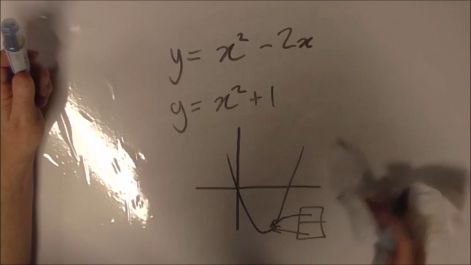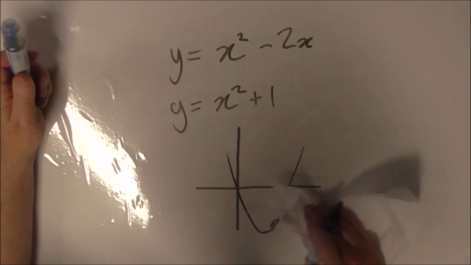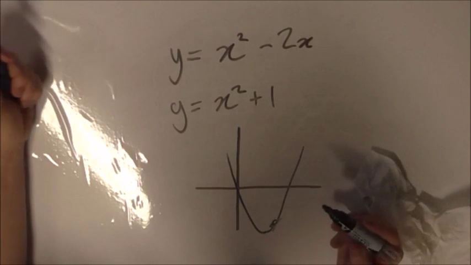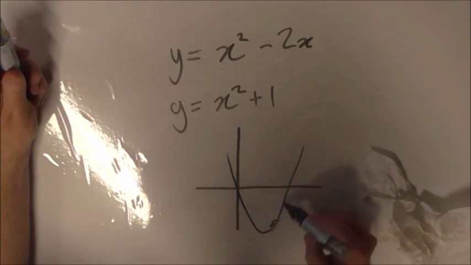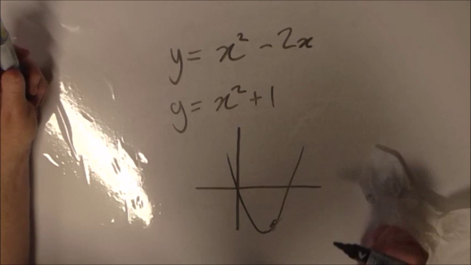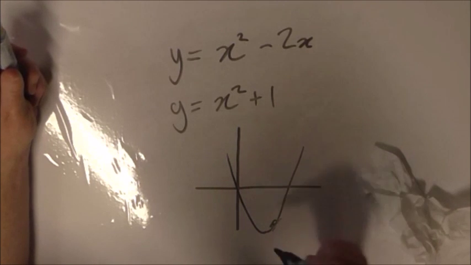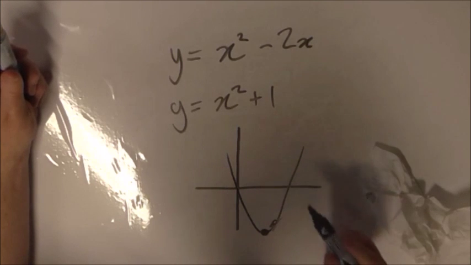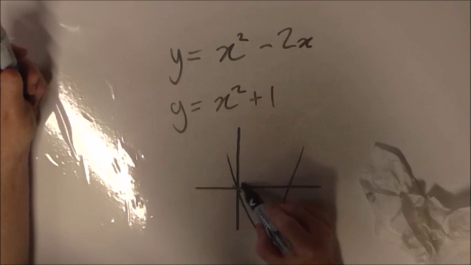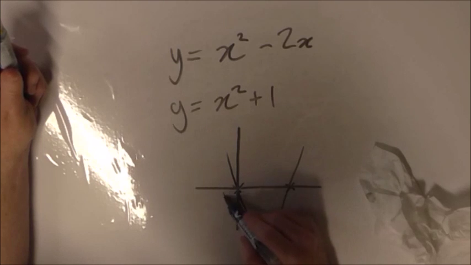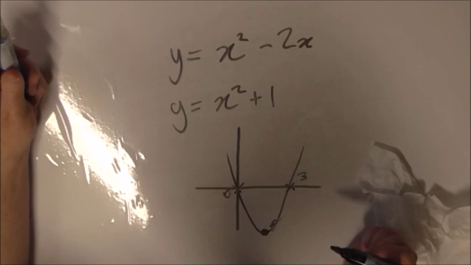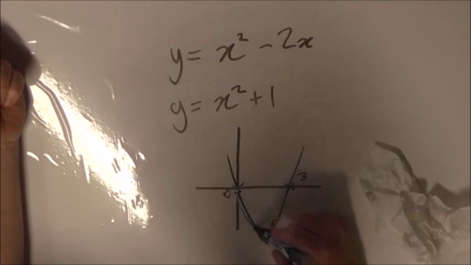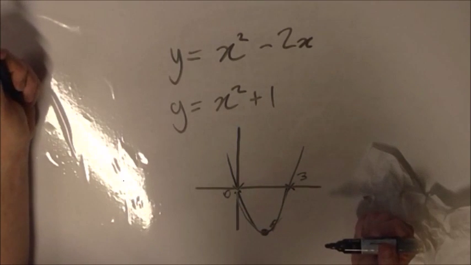If I was being asked to say what part of the graph is low and what part of the graph is high, so for example what part of the graph is below the x-axis and what part is above the x-axis, I wouldn't use the super quick table because that tells you that point there. What I would instead do is use the quick table because that tells you those 2 points. So if that was a 0 and that was a 3, and I was asked when is the graph low, I would just say between 0 and 3.